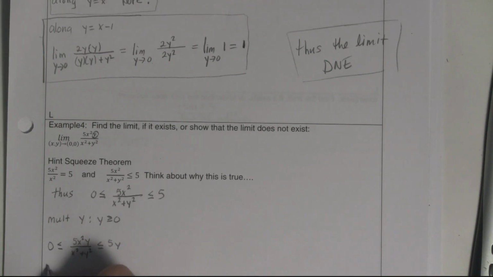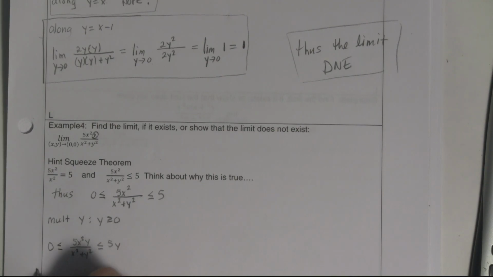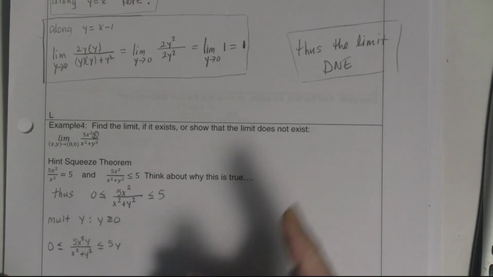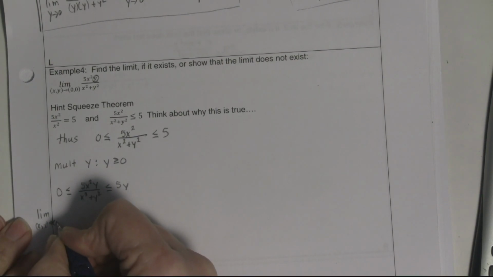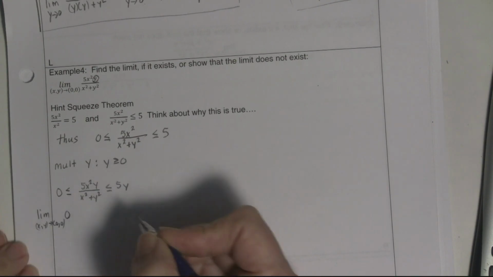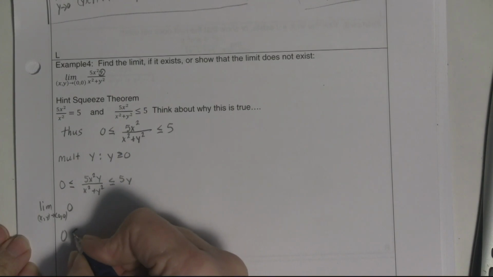And now I do the limit of all three sides, that's what I want to do now, right? So I want to do the limit as x, y goes to 0, 0 of 0. Well, that's 0.